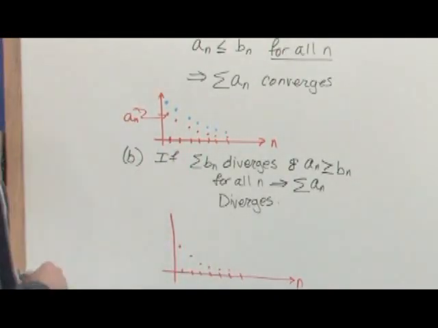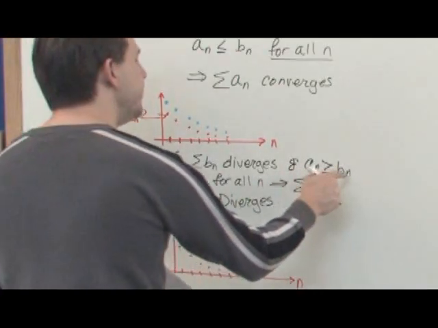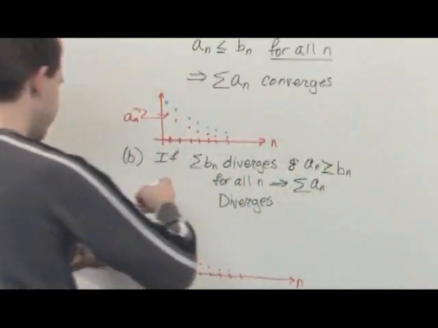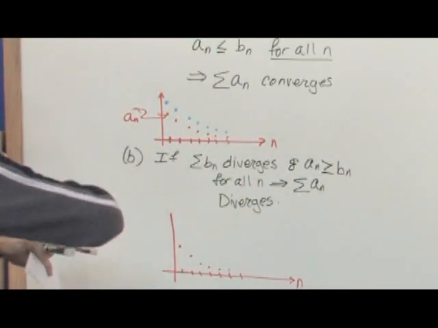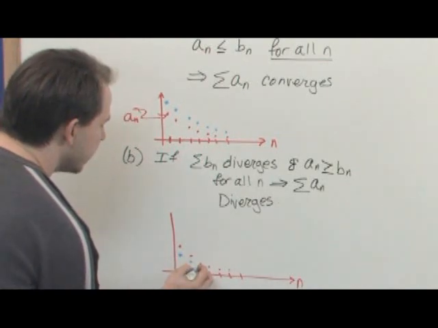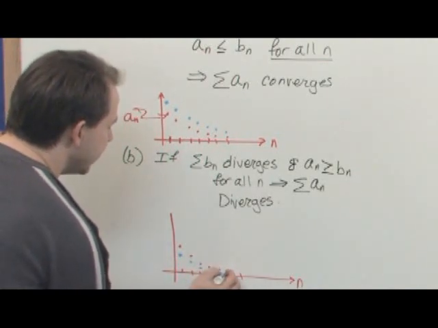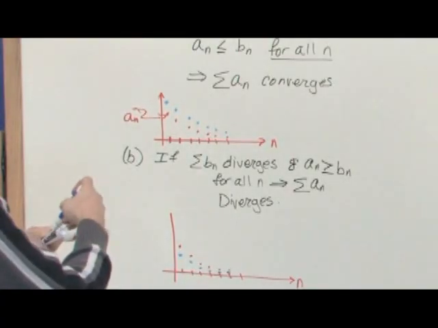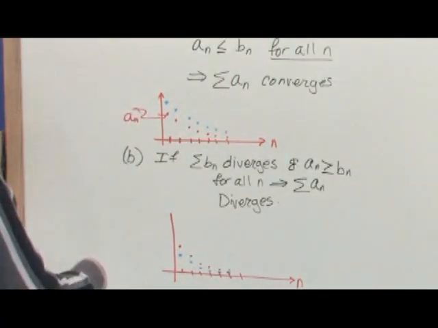And what I'm saying here is, in this case, b sub n is less than a sub n, or you can read it this way, a sub n is greater than b sub n for all n. So in that case, for my blue dots, this is a series that I invent myself. All of the elements that I'm adding together must be a little bit smaller than a sub n. So what we're saying here is exactly the opposite of what we're saying up above.